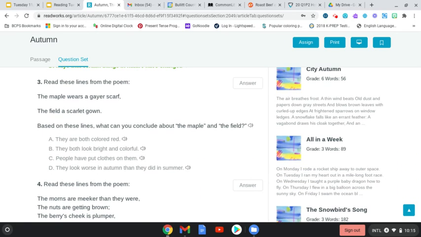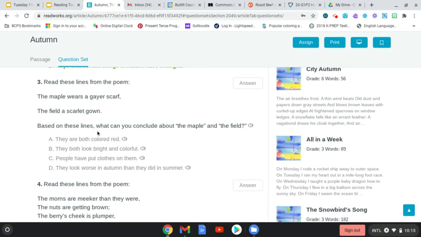And now this is where we really use inference, okay? This is where we're going to have to really think about the clues in the text as well as our own schema to try to make an inference about what the author is trying to explain to us. Read these lines from the poem. Oh, that's awesome. That means I don't actually have to go back to the poem. They're right here. The maple wears a gayer scarf, the field a scarlet gown.